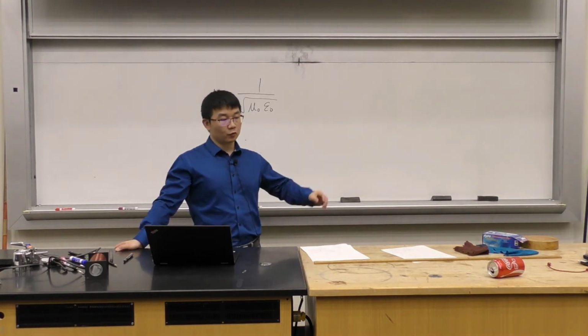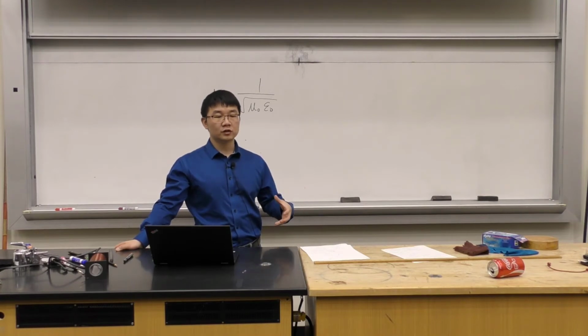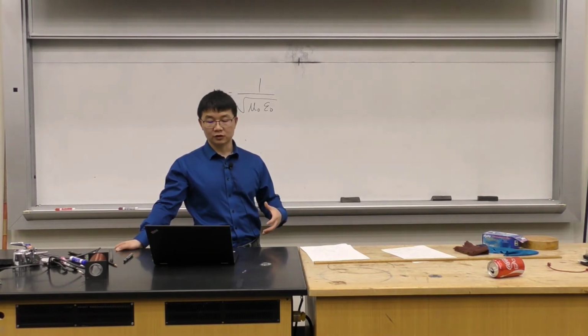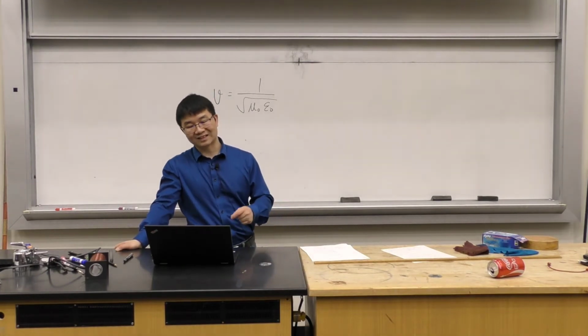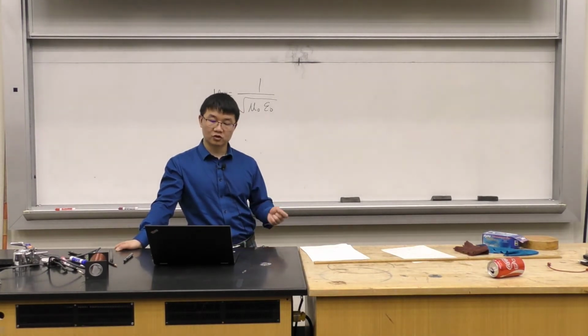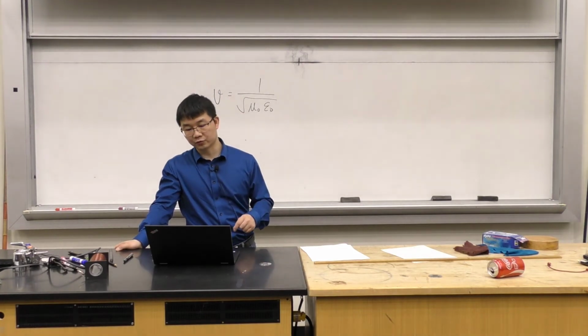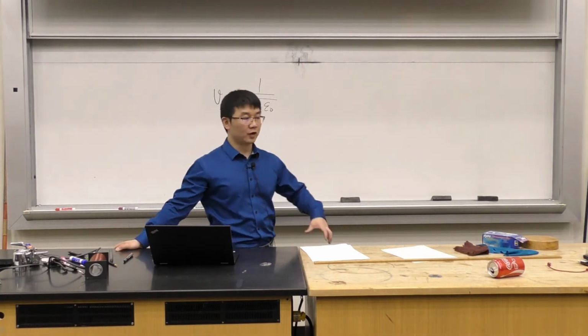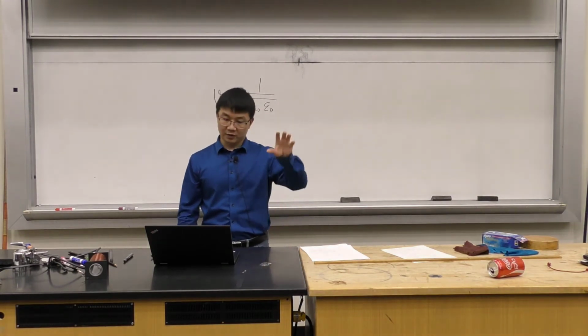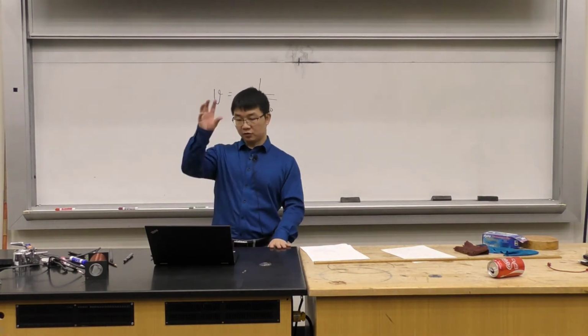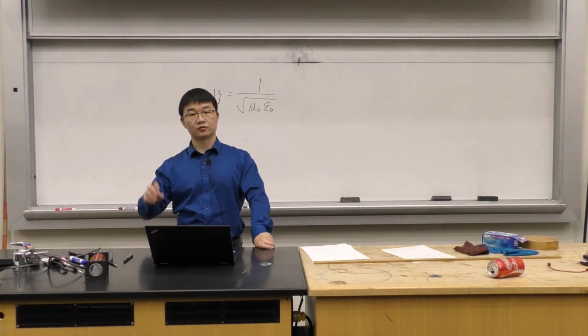And we can also understand that intuitively based on the theories we have learned, because we learned that a changing electric field is going to produce a magnetic field. And we also learned that a changing magnetic field produces an electric field. Then, if there's a change in the electric field, it's going to produce some change in the magnetic field. The magnetic field is also changing, and then it's going to produce another change in the electric field.